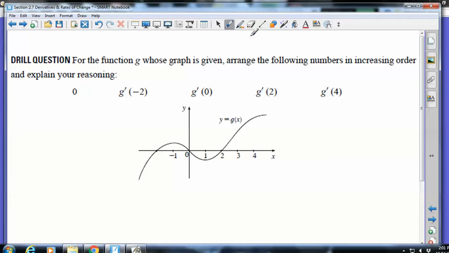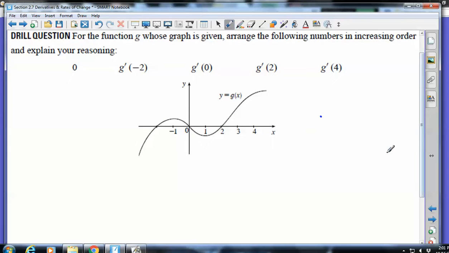Let's look at another application. For a function g, whose graph is given, I want to arrange these numbers in increasing order. We are going to rank these things from small to large, so we have to understand a little bit about what they mean. 0, I know what 0 means.